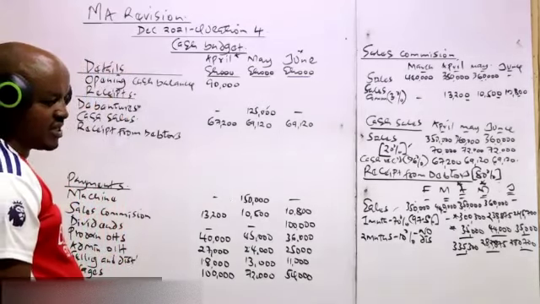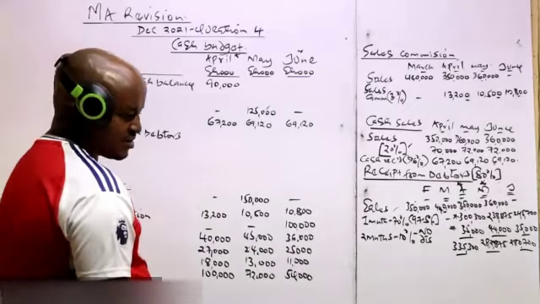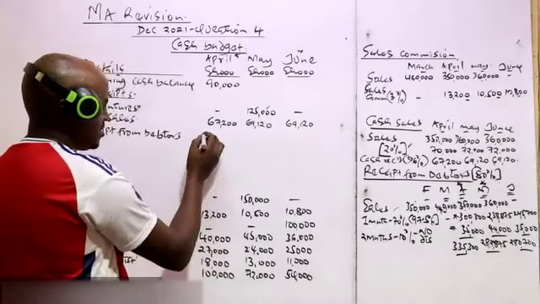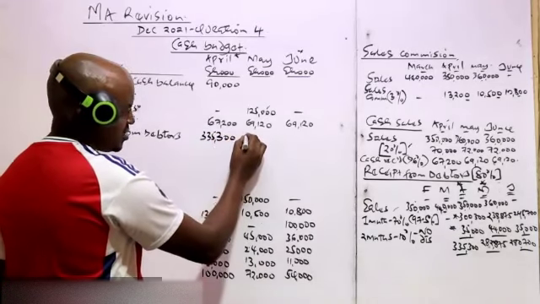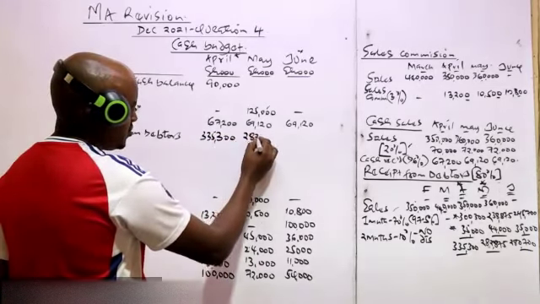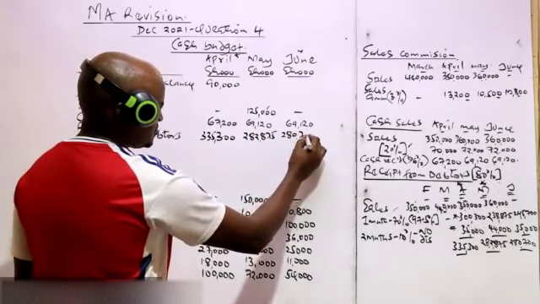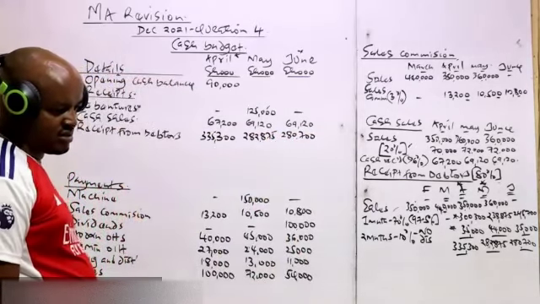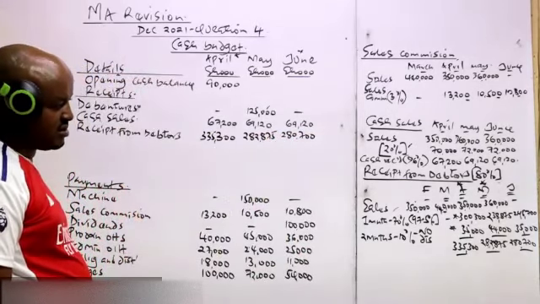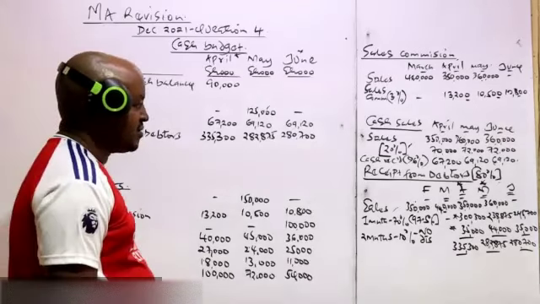Are those the figures you're getting? 300, 282,875 to 700. Yes, that's what you have taken, Maureen.